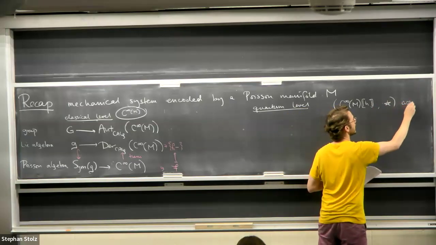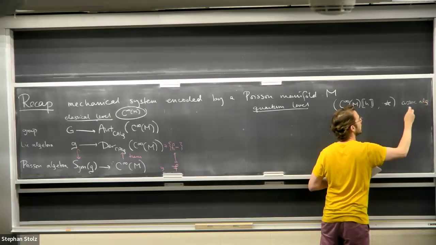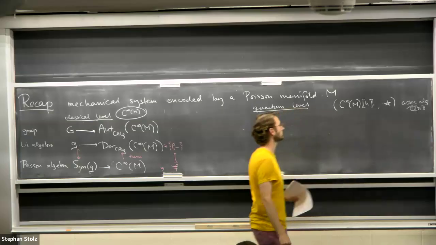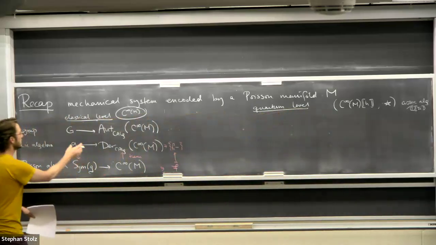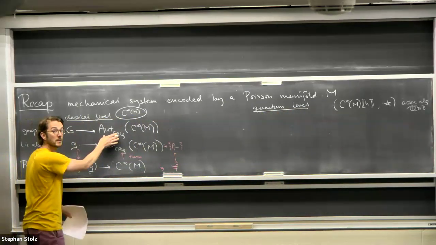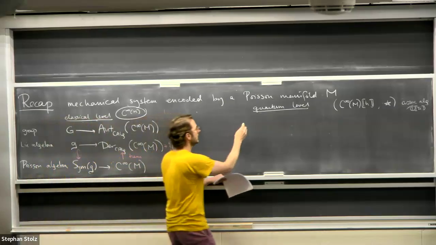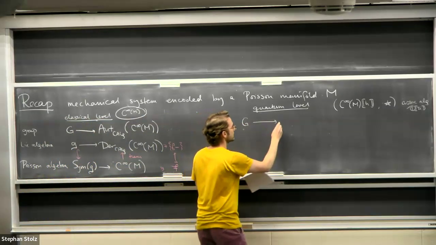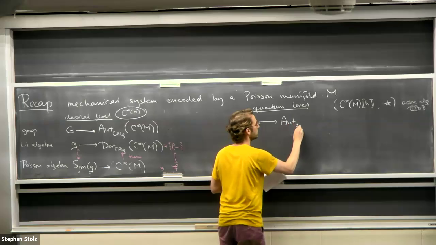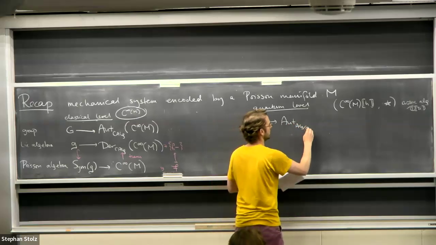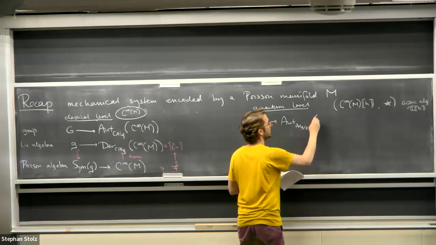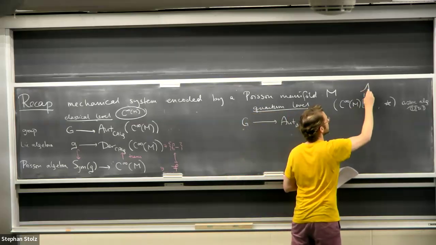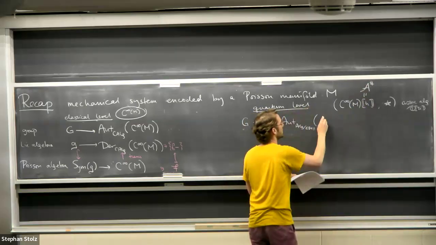This is an associative algebra over our power series in h bar. So instead of thinking about G acting by automorphisms as a commutative algebra, we would like G to act as automorphisms of an associative algebra over power series in h bar. I'm going to be lazy and call this A_Q, so I don't have to keep writing.